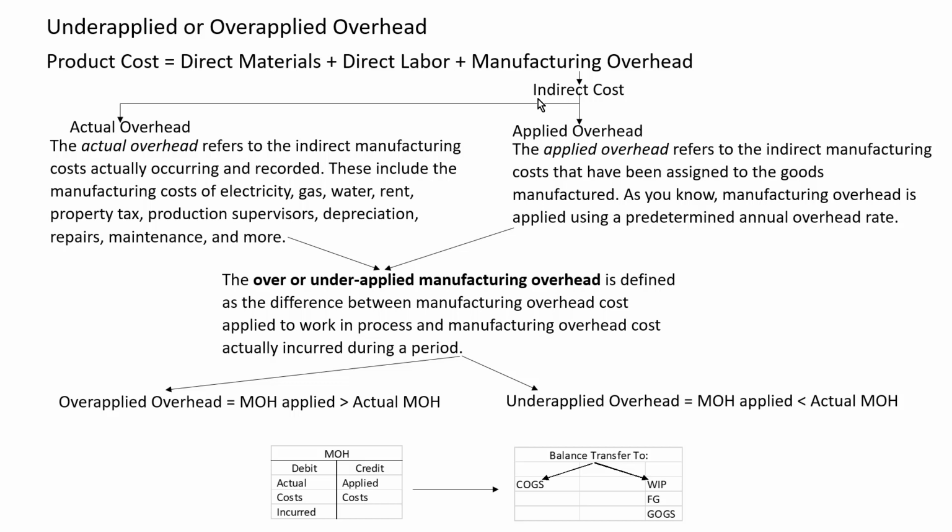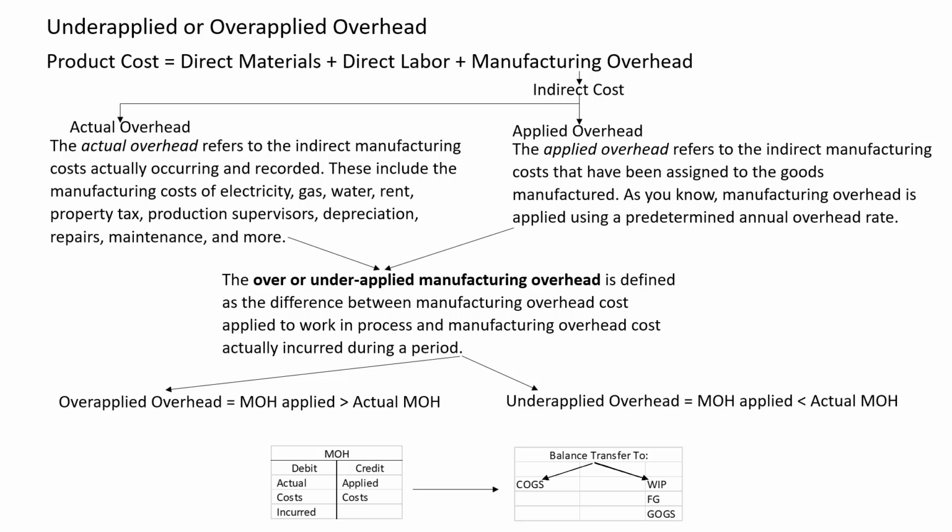This means management can't wait until the end of the period to add up all of the overhead costs incurred and allocate them to each job.